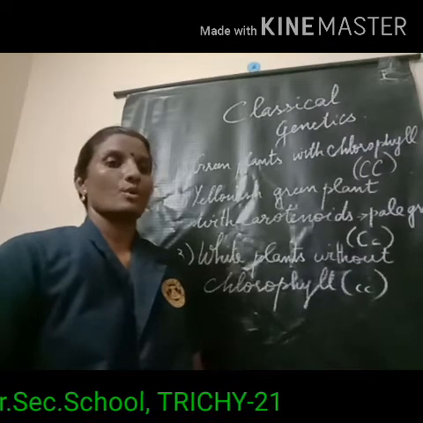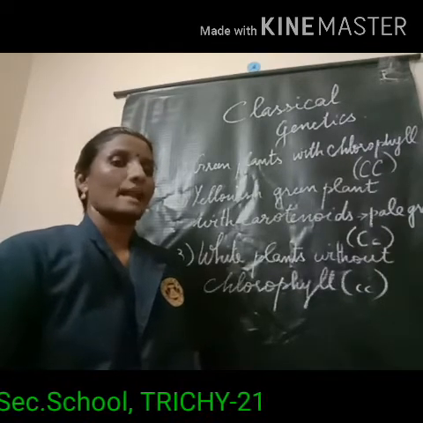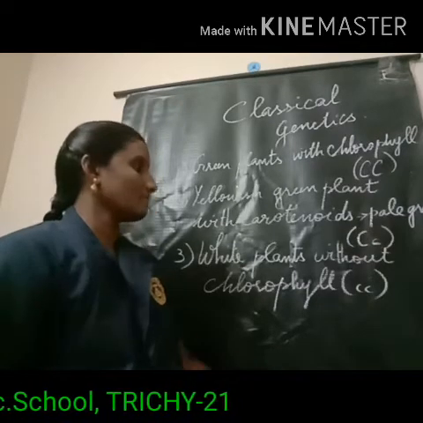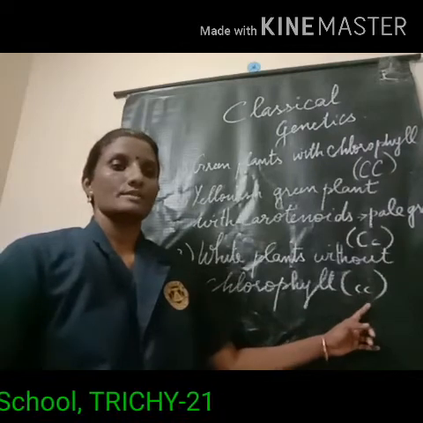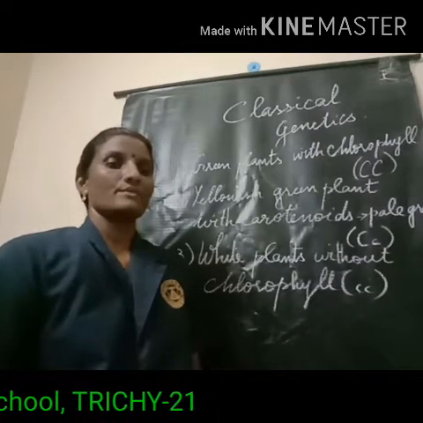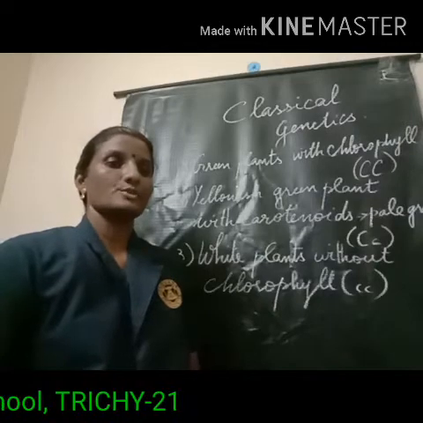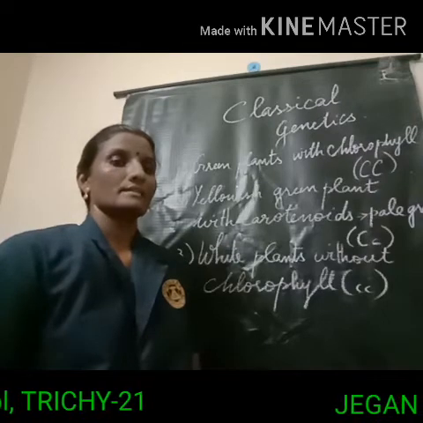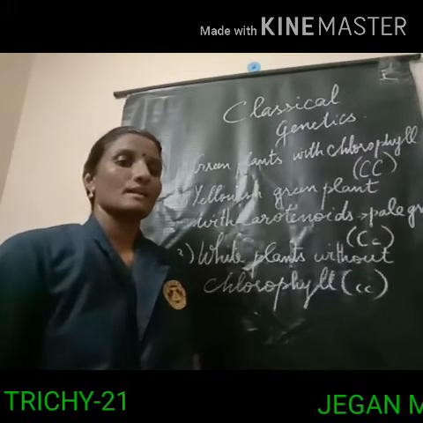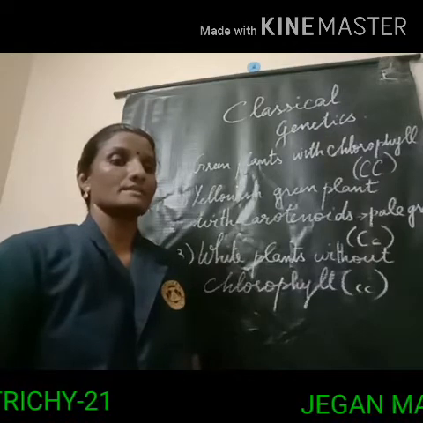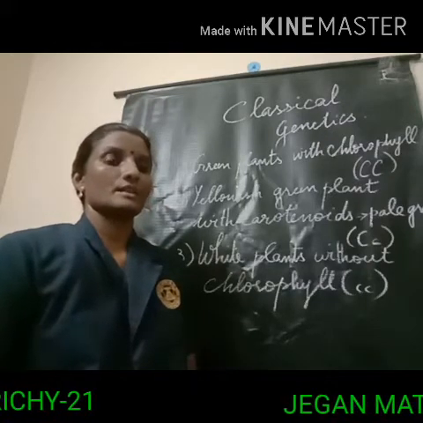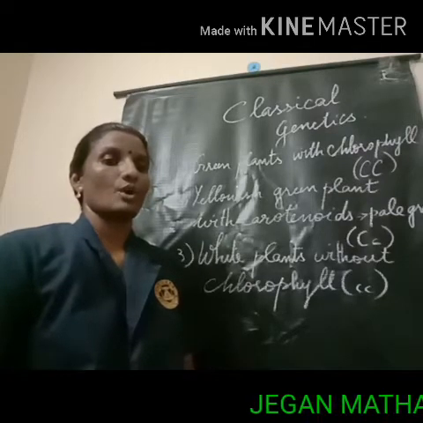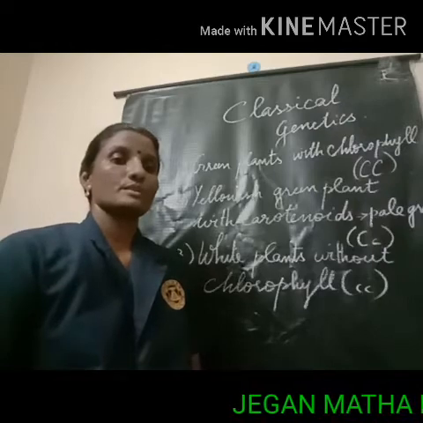The genotype of the homozygous green plant is capital C and capital C. The genotype of the homozygous white plant is small c and small c. The Oreo plants have the genotype capital C and small c because they are heterozygous of the green and white plant. When two such Oreo plants are crossed, the F1 progeny has an identical phenotypic and genotypic ratio of 1:2:1.